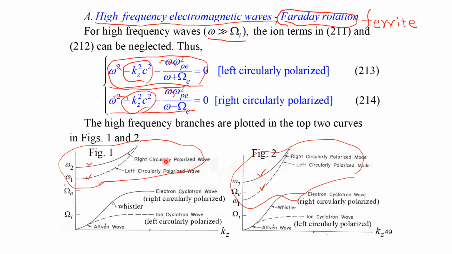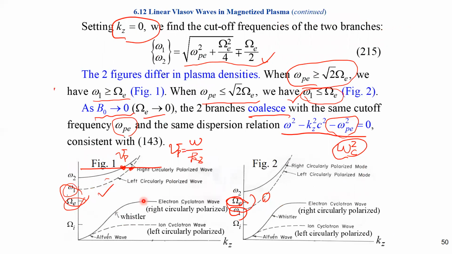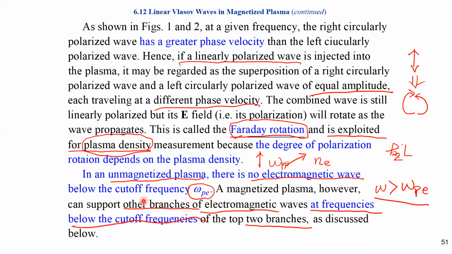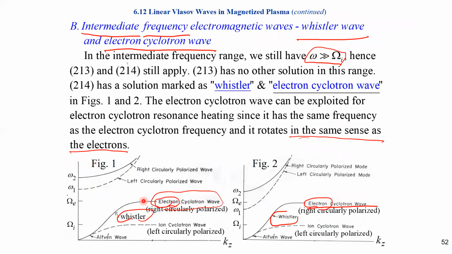And we also talked about the Whistler wave, at intermediate frequency: the Whistler wave and the electron cyclotron wave, with the electron cyclotron frequency here.